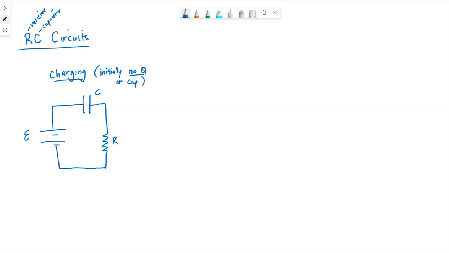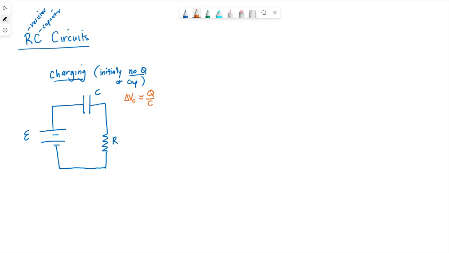So if there's no charge on the capacitor initially, so delta V for a capacitor is equal to the charge that is on either plate divided by the capacitance.